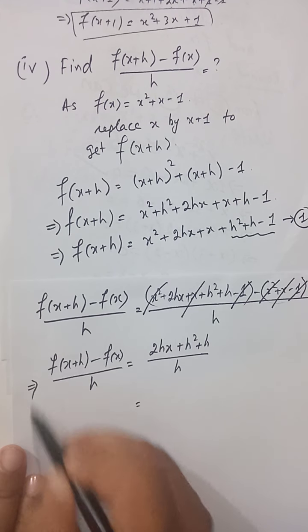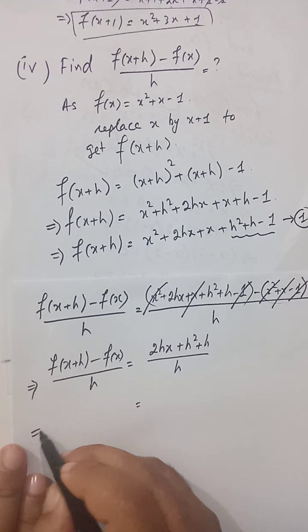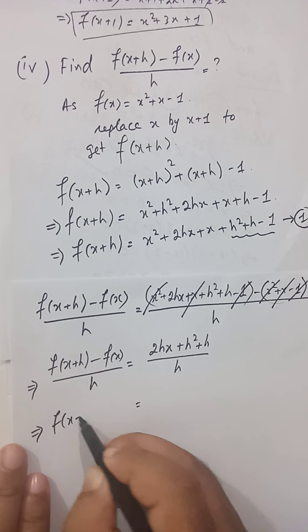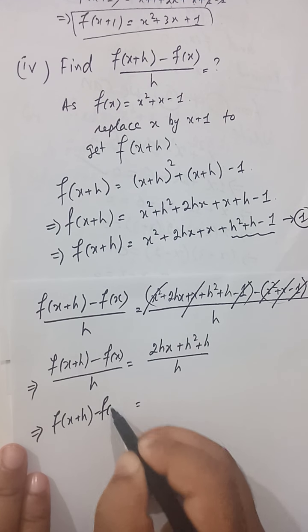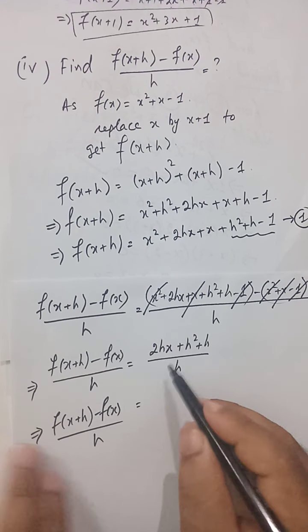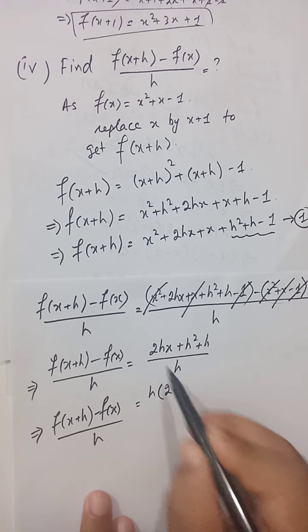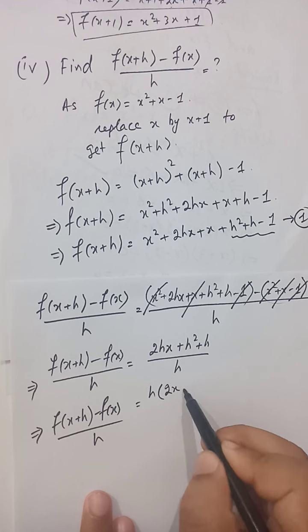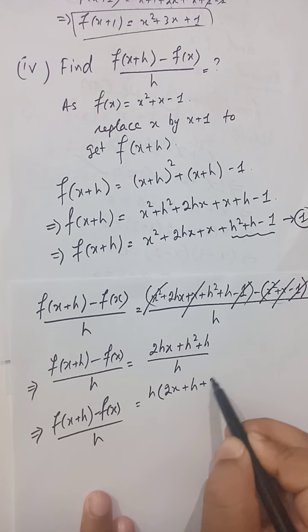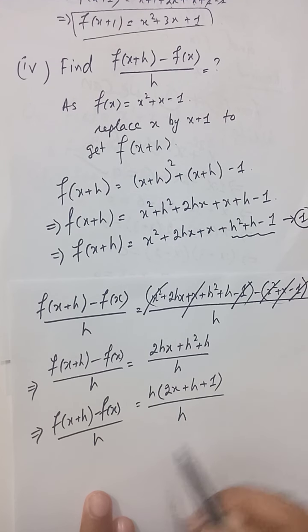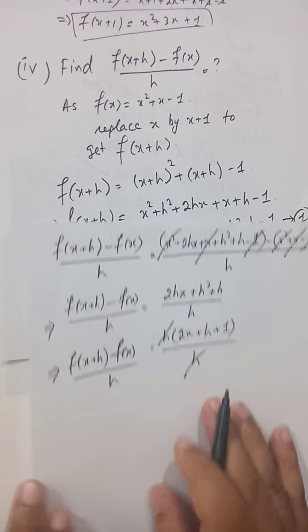So this is f of x plus h minus f of x divided by h. Taking h common from the numerator, because h is present in all the three terms, you will get 2x plus h plus 1 divided by h. So h is cancelled with h.